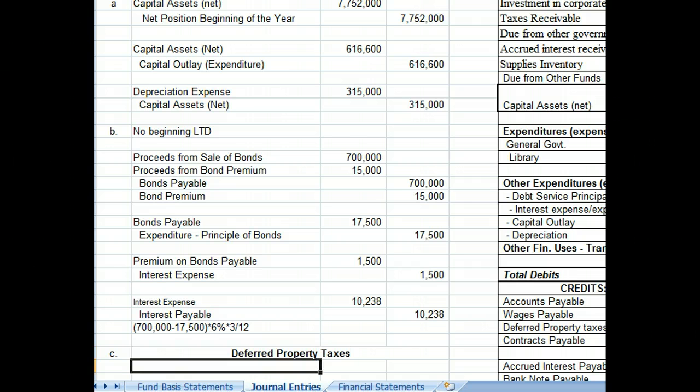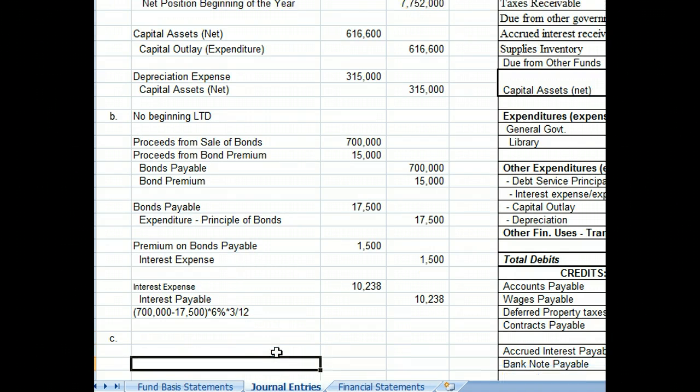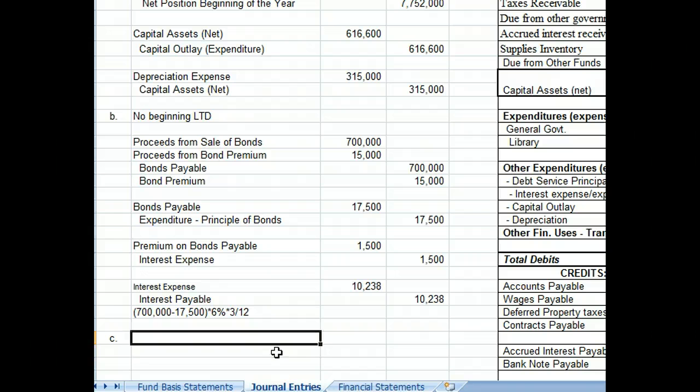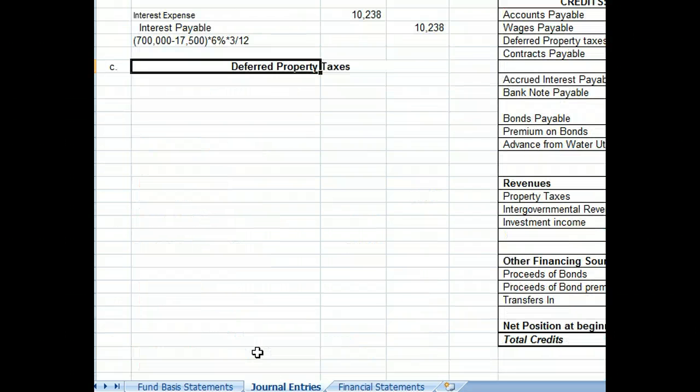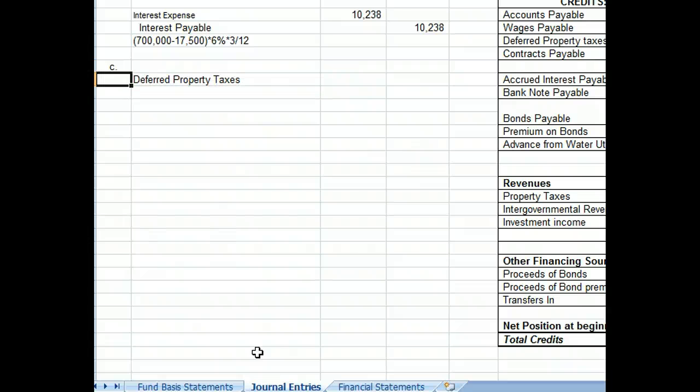Setting it up that way, deferred property taxes, we'll do that for 19,150, forcing it into a credit.